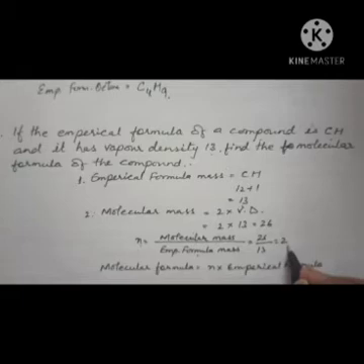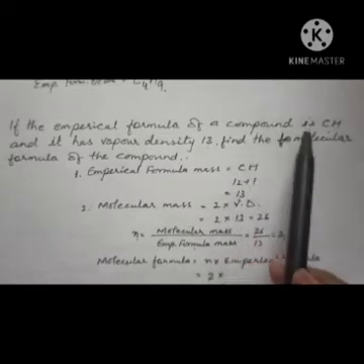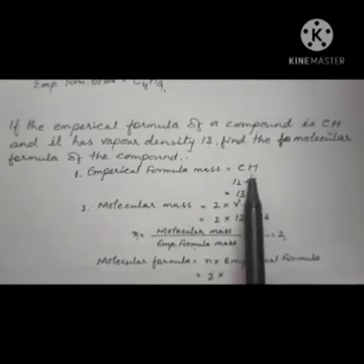Okay, now you know N. Then you find out the molecular formula. How will you find out the molecular formula? Molecular formula is equal to N into empirical formula. And N is given as 2, into the empirical formula, which is CH.